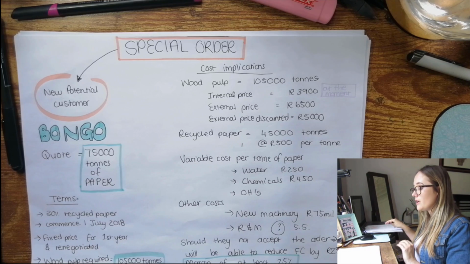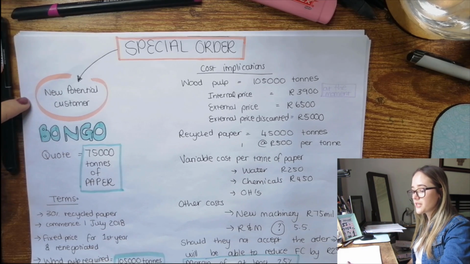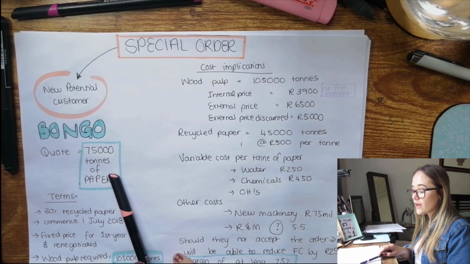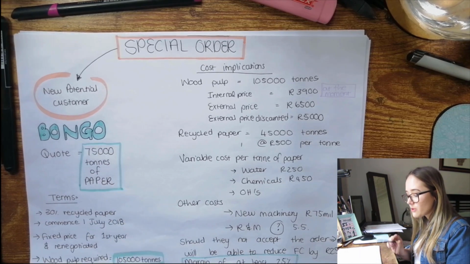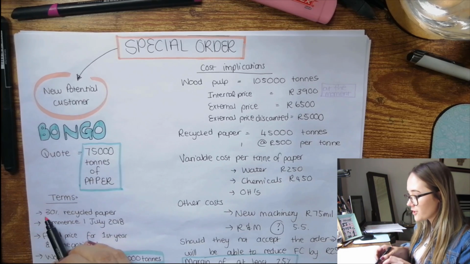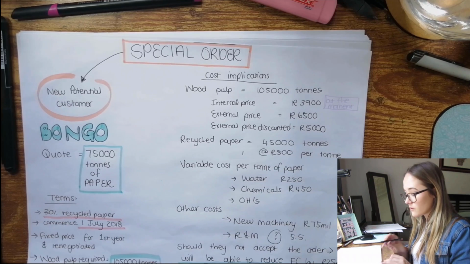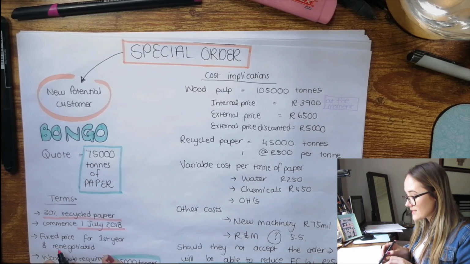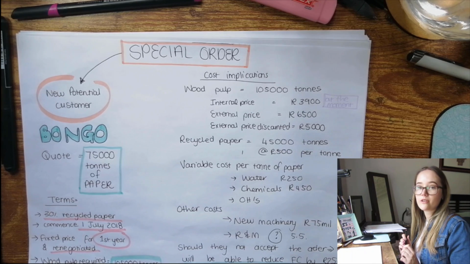Right, so if we look a bit deeper into the special order, it's a new potential customer, Bongo, and they've been quoting you for 75,000 tons of paper. The terms are that you have to have 30% recycled paper in this. It commences on 1 July 2018, and there's a fixed price for the first year, whereafter it's renegotiated.